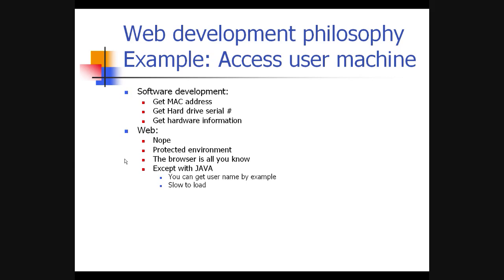But remember one thing, with Java it means that you have to load a Java applet on the user machine. This Java applet has to be downloaded from your server, and then it also has to load the Java virtual machine if it's not already loaded. So it means that it's going to be slow to load.